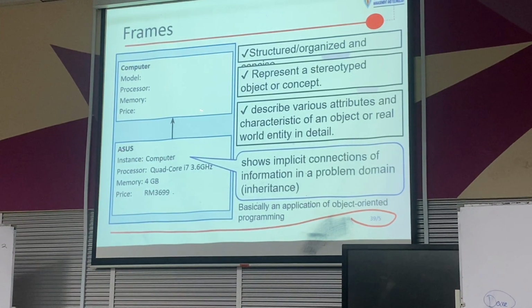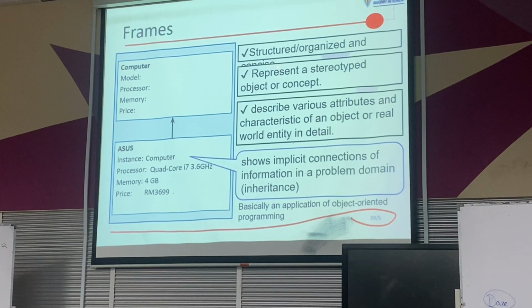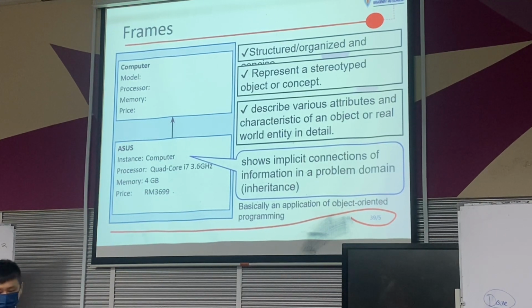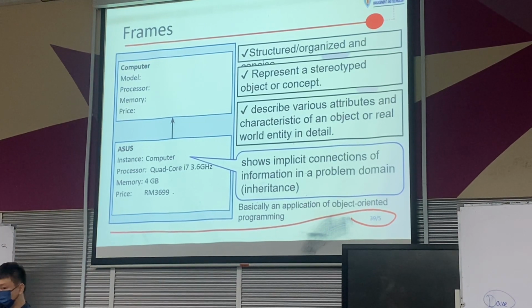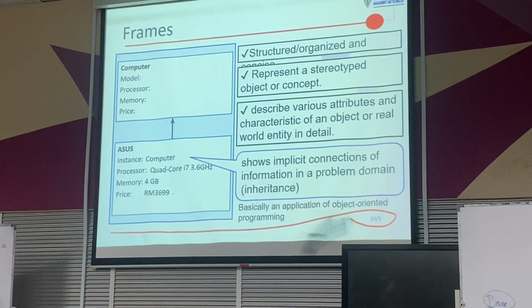So what is the advantage of frames here? It's more structured and organized. Can you use a semantic network to represent this? Can, but it will be very messy. Try to imagine how you are going to convert this computer to the ASUS. Then you will have a lot of nodes here.